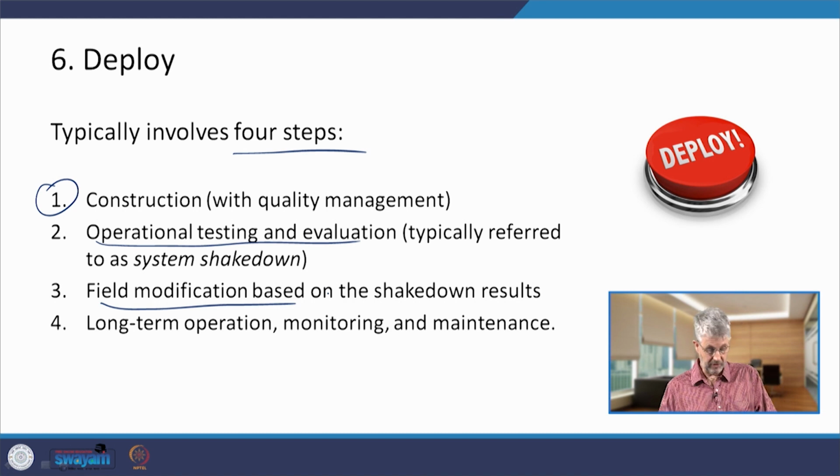So when all this is done, hopefully we can go to the long-term operation, the monitoring and maintenance. And as I mentioned earlier in my lecture, we may be in for many, many years, maybe decades. So we have to keep in mind that operation, maintenance, and monitoring are long-term propositions.